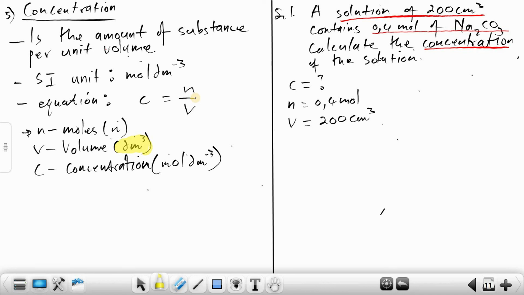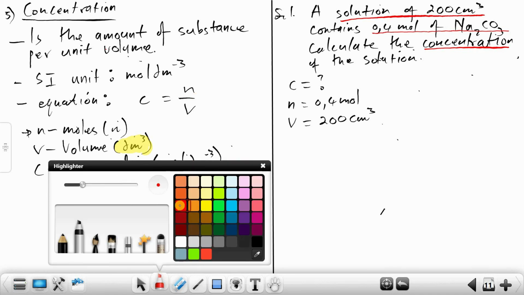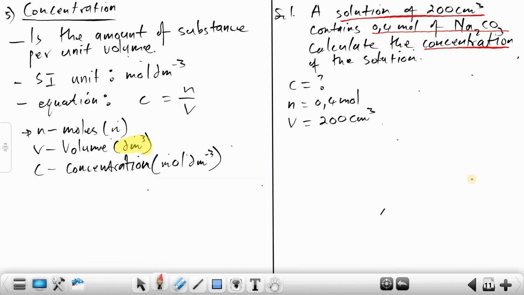So obviously I must first convert this, divide now by 1000, which will give me something like 0.2 decimeter cubed.